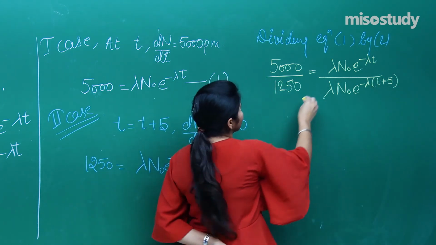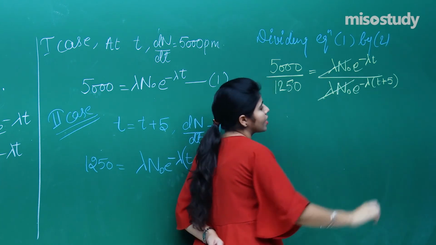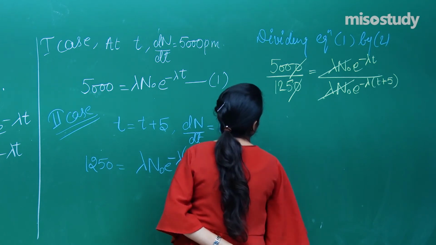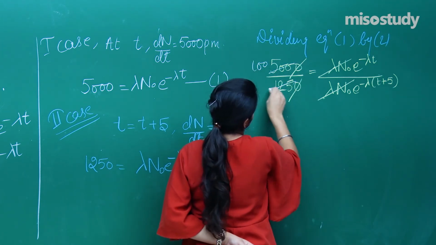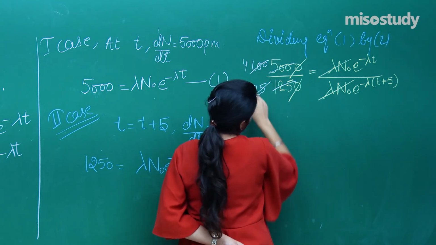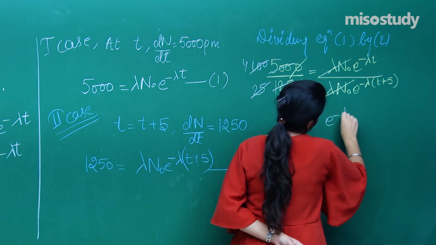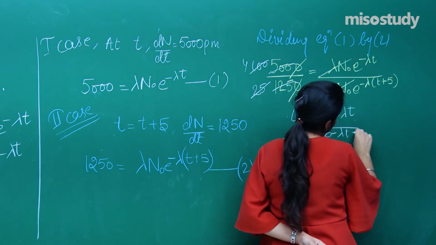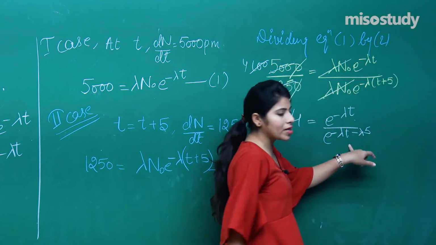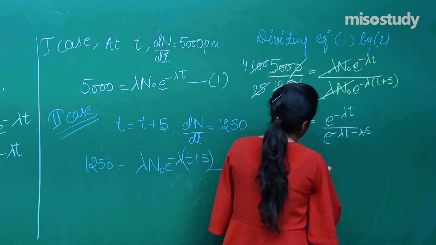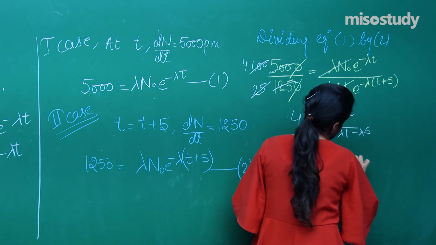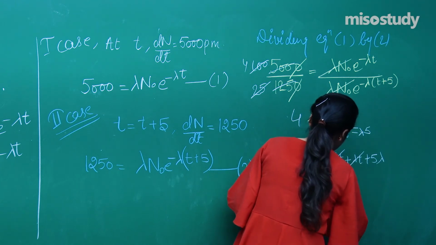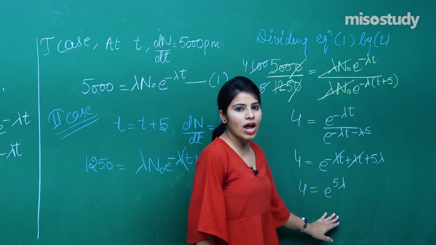Right? Now you can see over here lambda N naught cancelled. And if I solve this, you will see that 4 equals e raised to the power minus lambda t minus lambda 5, if I open the bracket. So this you are having with you.